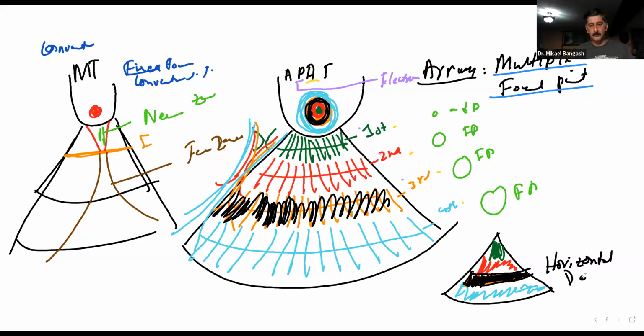It's a horizontal defect, which means there's going to be a completely black zone. Why? No energy is transmitted, and no energy can be reflected from this depth. It means nothing is being detected from this depth.